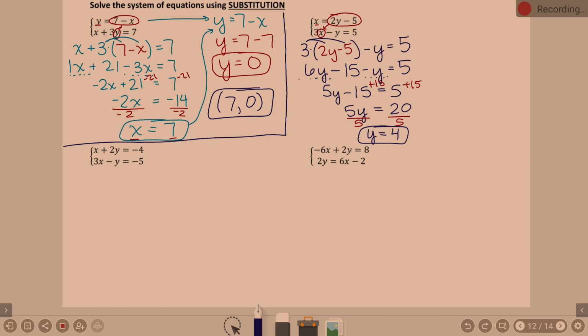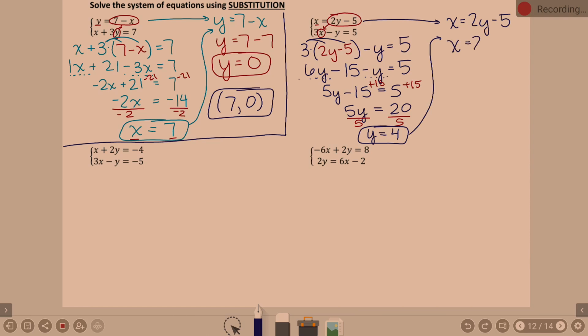Okay. Yeah, officially, go back into one of the original equations and plug in y equals 4. My opinion is always going to be use the x equals or y equals. So the equation is x equals 2y minus 5.